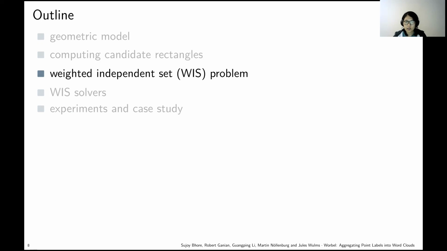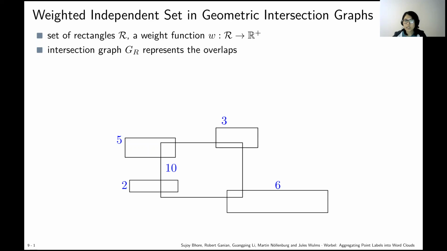Now we have a set of rectangles. We want to get a subset of pairwise disjoint rectangles. So that is recorded as the weighted independent set problem in geometric intersection graphs. This problem is defined as follows.